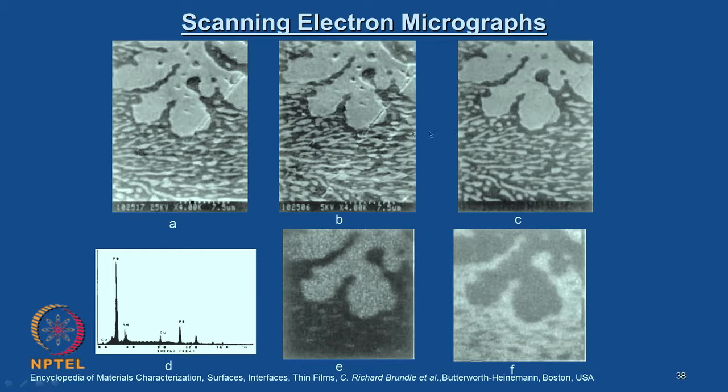So, that clearly indicates that secondary electrons are much more sensitive to the surface unevenness, and the difference between A and B is because of further complications, because of the electron specimen interaction. What is that? You see that this micrograph is obtained at lower kV, 5 kV, and this is obtained at 25 kV.